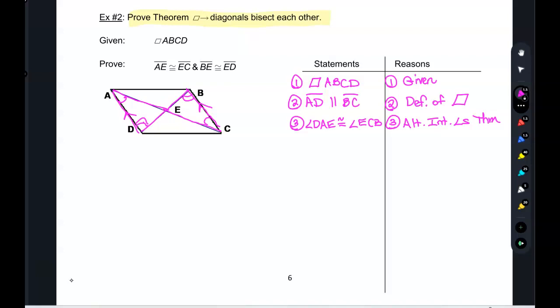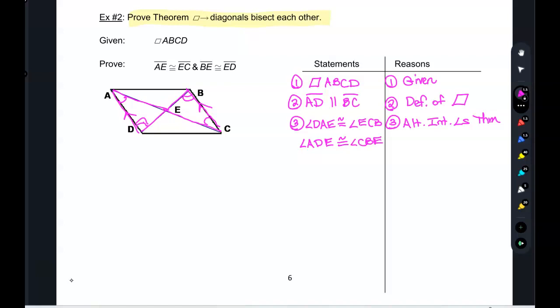And then how would we name these two angles? What do you think? ADE? And so ADE has to be congruent to this one. Yeah. CBE is good.